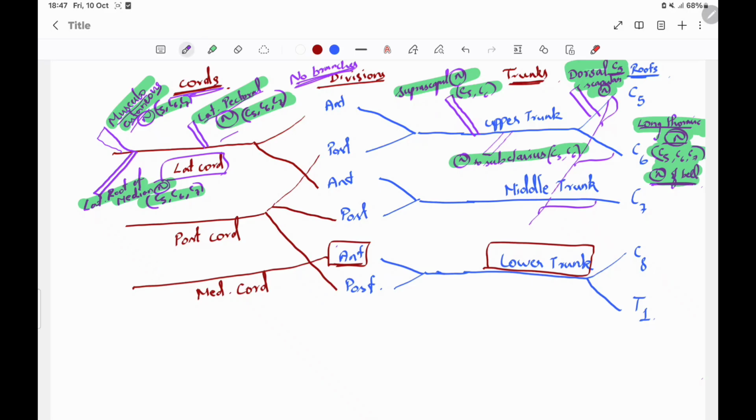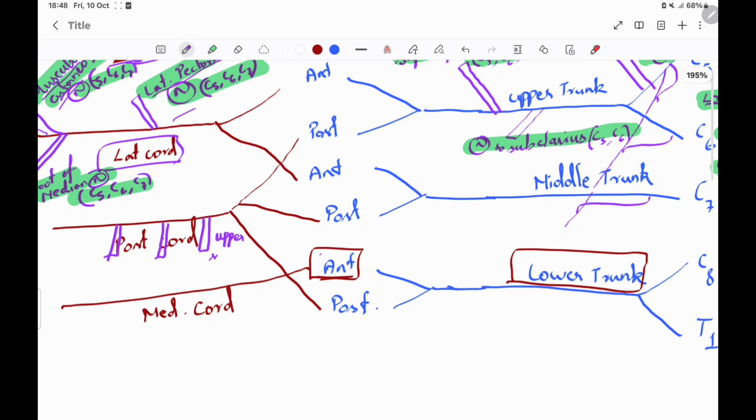From the posterior cord: upper subscapular nerve, thoracodorsal nerve, lower subscapular nerve.